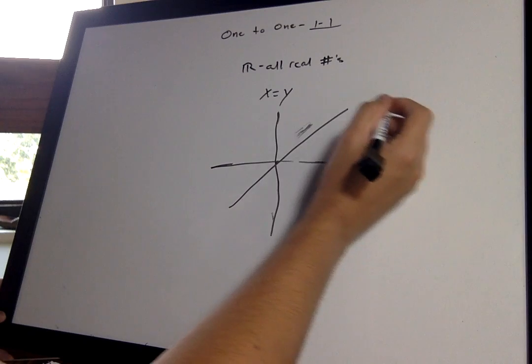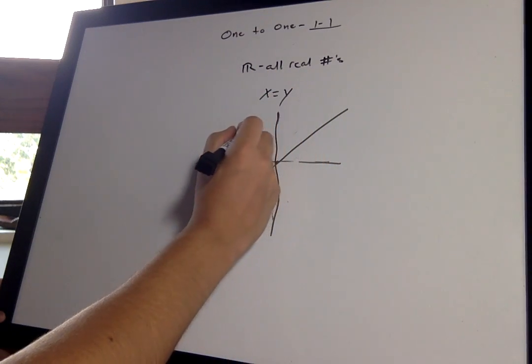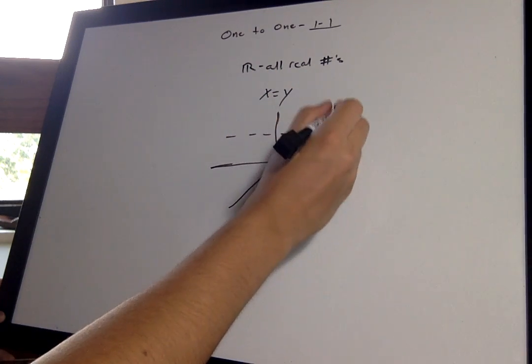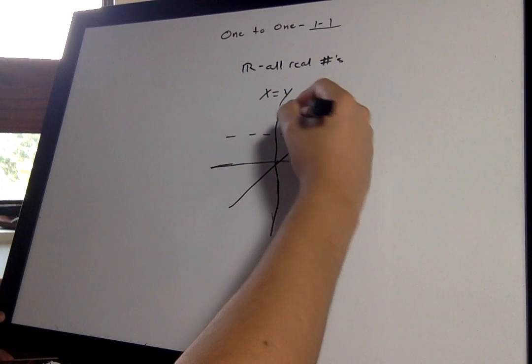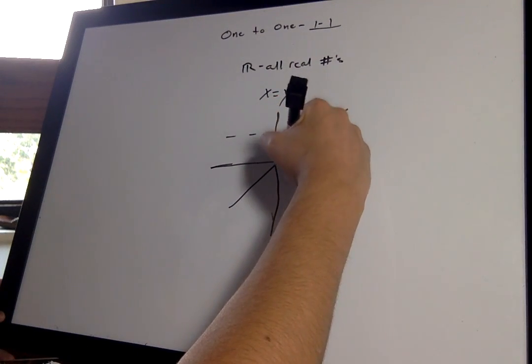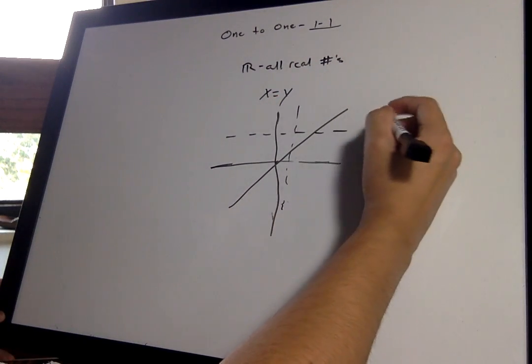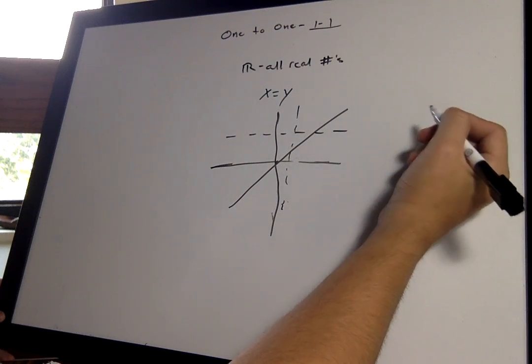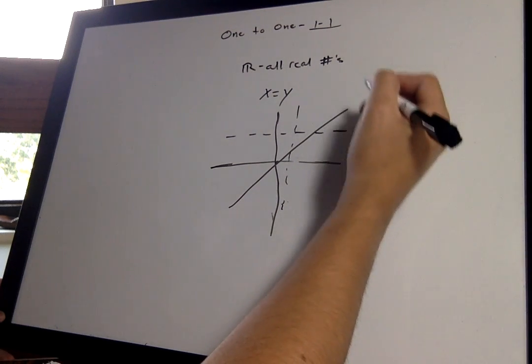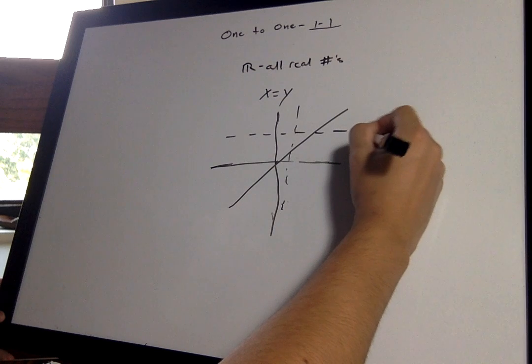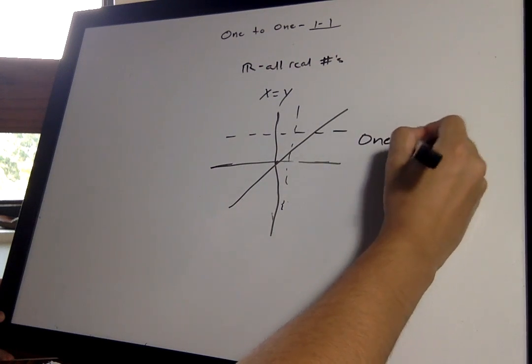If we draw a horizontal line, it only crosses once. And if we draw a vertical line, it only crosses once. Therefore, it passes both horizontal and vertical line tests. So this is one-to-one.